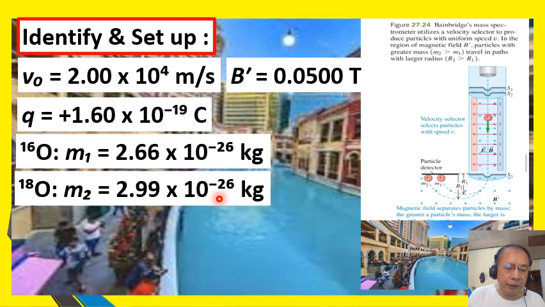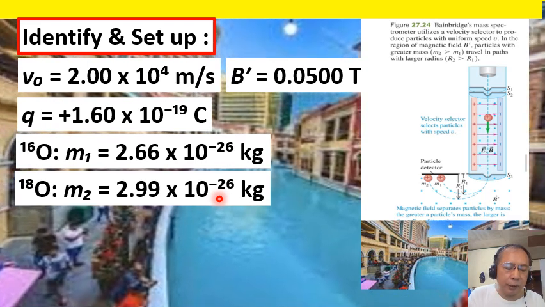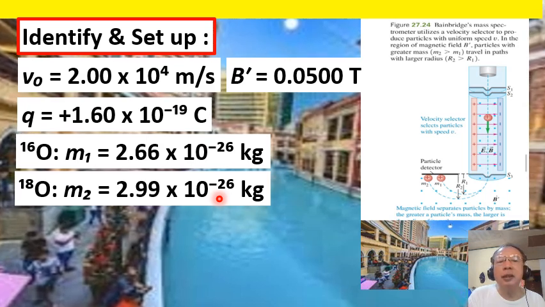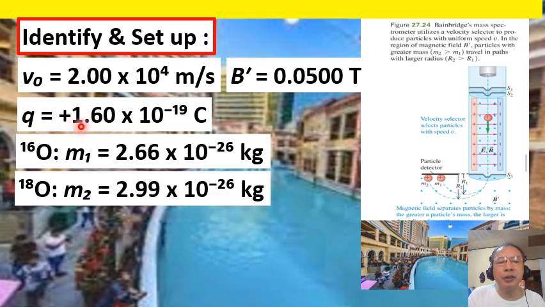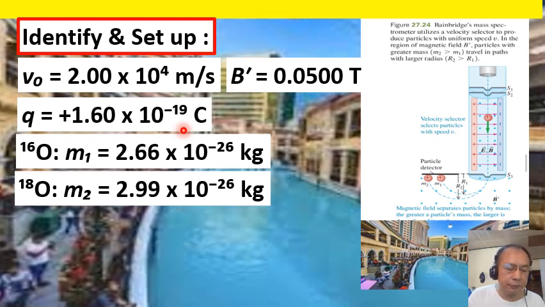In this problem, we are assuming that each of these isotopes has lost one electron. Thus, a net charge of positive 1.60 × 10^-19 coulombs.